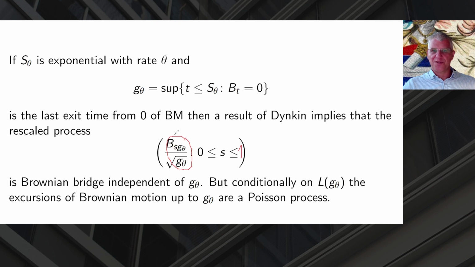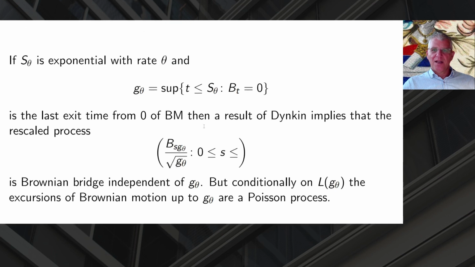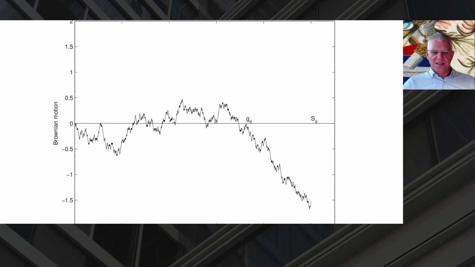And now we're close to getting somewhere with this connection between Poisson processes and the Kolmogorov statistic. And I believe I need to speed up a bit. One more thing I should mention is this.